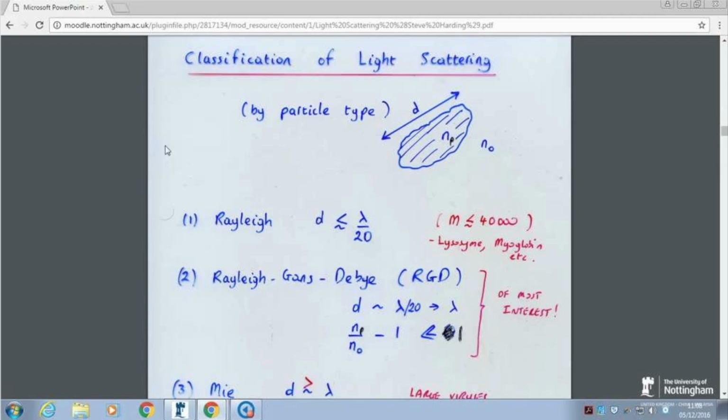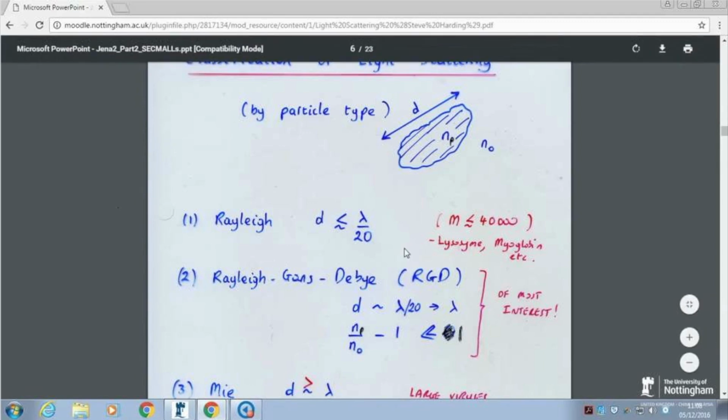So if the particles are 30 nanometers or less, then we regard them as Rayleigh scatterers.